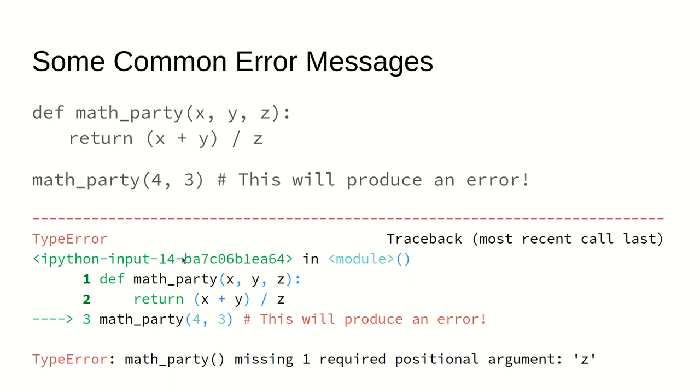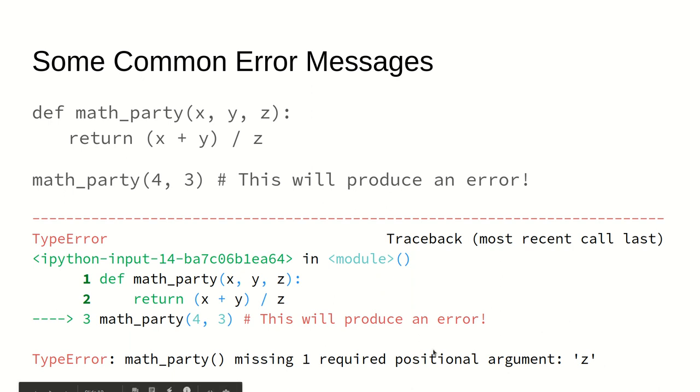Here we have a function that's defined, and that function is defined well. When I go to call it, we see there's an error. It's another type error. Now, this could be especially confusing because you might start to think, did I give it the wrong type of data? Well, 4 and 3 are things that could be added, so that's perfectly fine. I'm not seeing what's wrong with the types here, but it tells me that I'm missing one required positional argument.